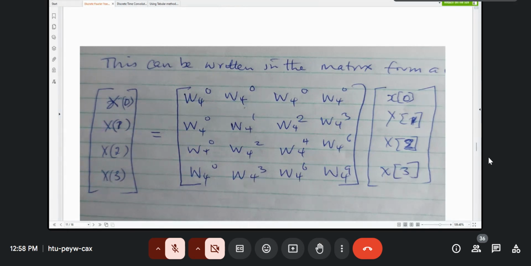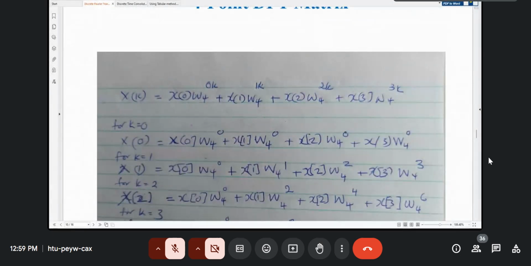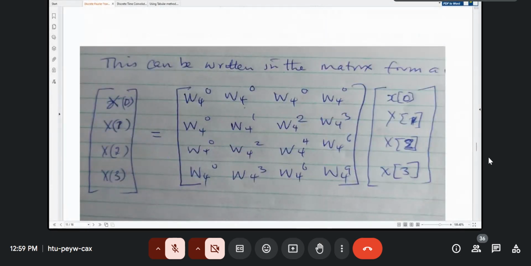And x of 1 is equal to w4 of 0, x of 0, w4 of 1, x of 1, w4 of 2, x of 2, w4 of 3, x of 3. This is just representing this. So this is a matrix we need to work out. When n is equal to 4, what are these?